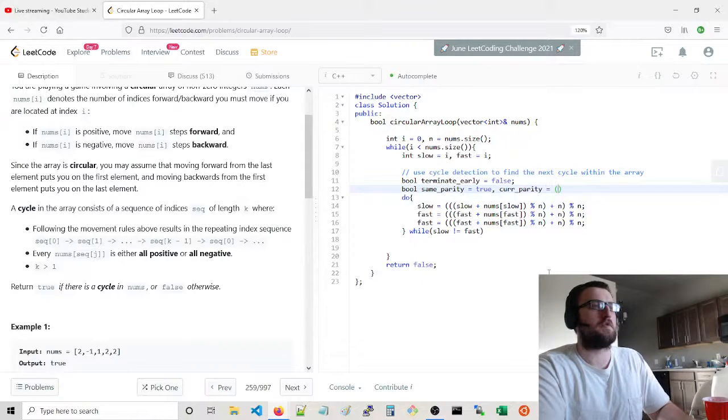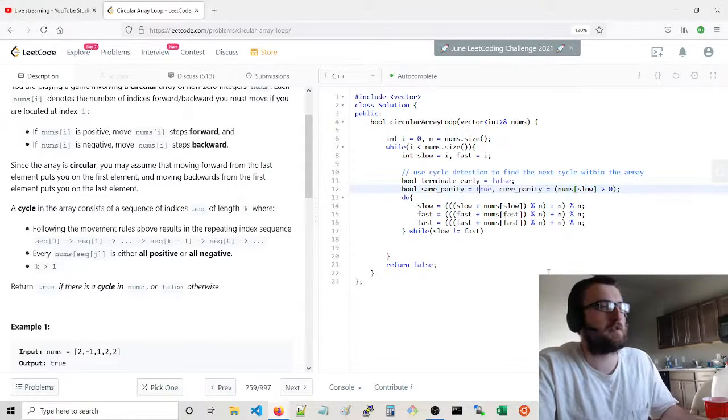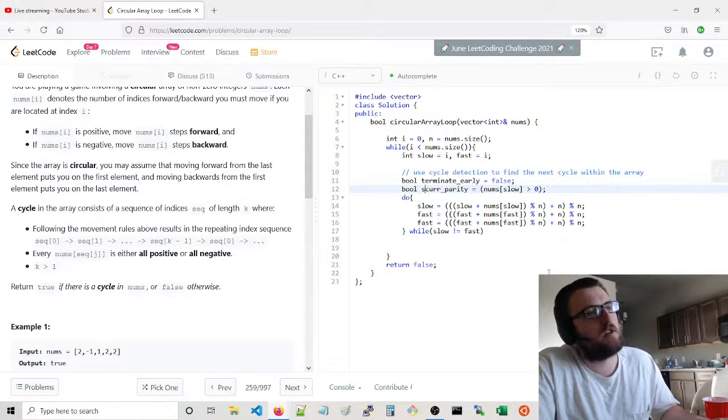So we'll do nums of slow. If that's greater than 0, that gives you the current parity, and then the same parity we'll say is true. So two things.